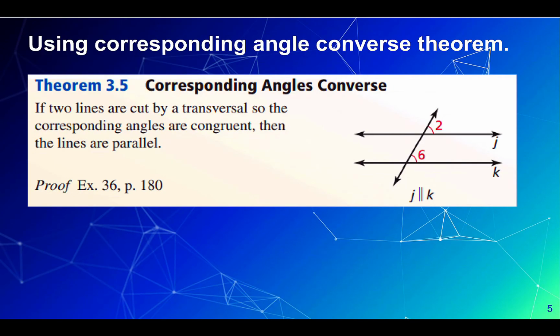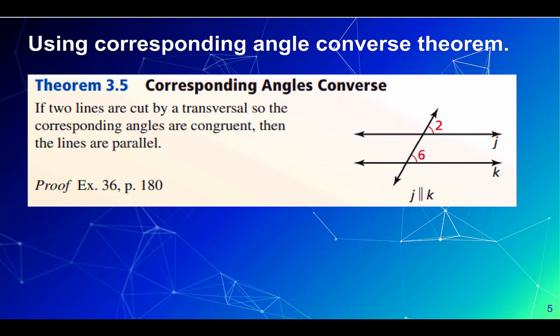Properties of parallel lines. Remember yesterday we learned if two lines are parallel and cut by a transversal, then the corresponding angles are congruent. Well, today we're writing the converse. So the converse: if two lines are cut by a transversal so that the corresponding angles are congruent, then we can say the lines are parallel.